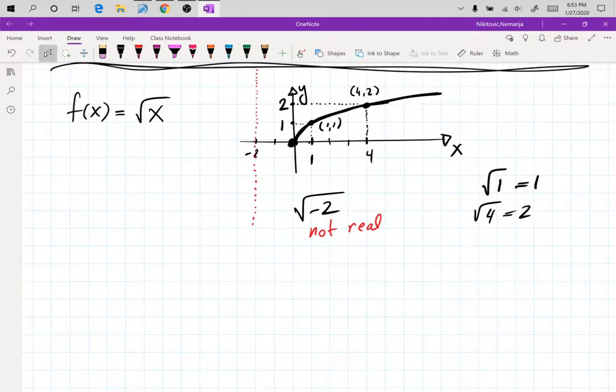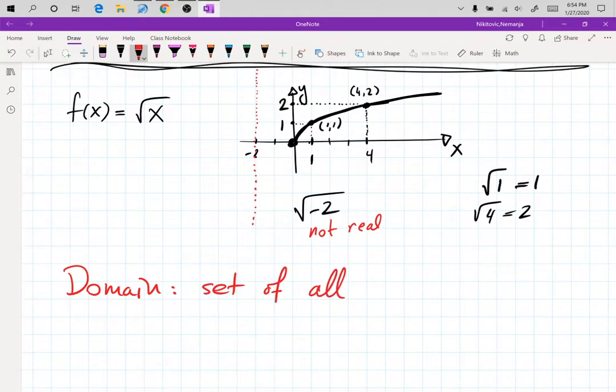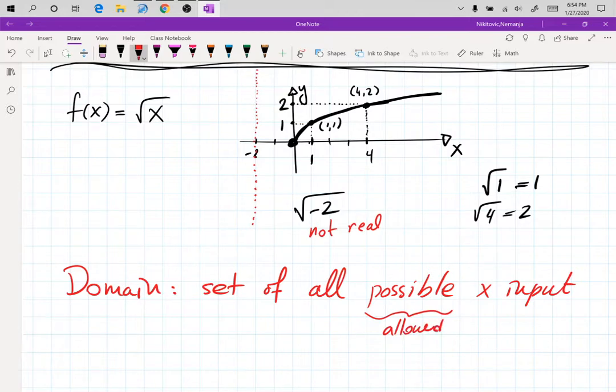Now, this is something that opens the new can of worms called the domain and range. Domain: the set of all possible x input values, I'll put allowed input values.